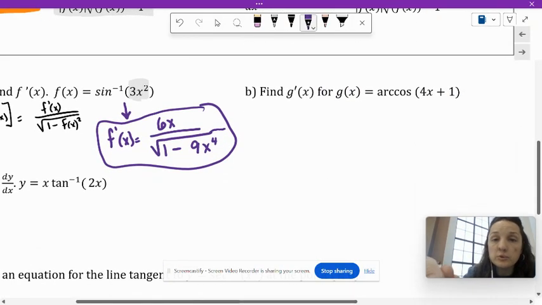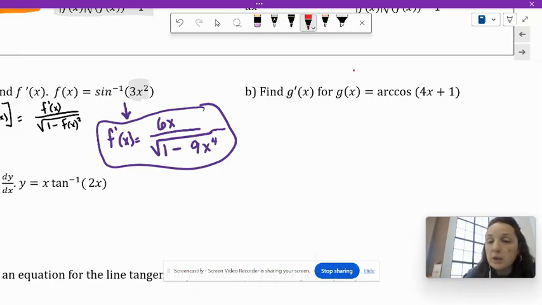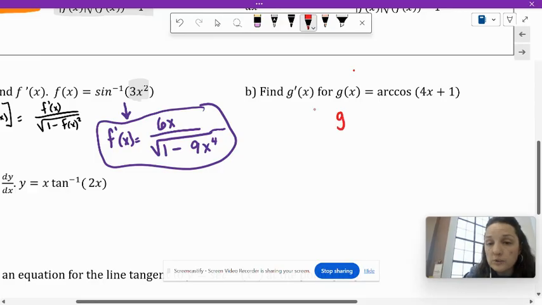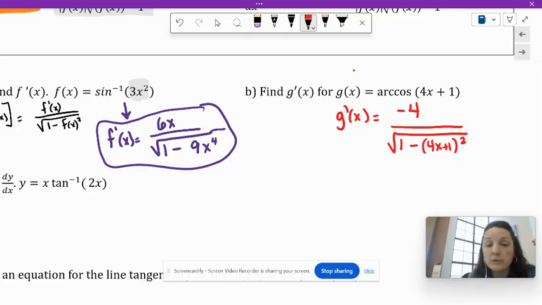So the derivative of arc cos is the derivative of the end, negated, over the square root of 1 minus the end squared. And I really don't feel like foiling that, so I'm just going to leave it. There's your derivative.